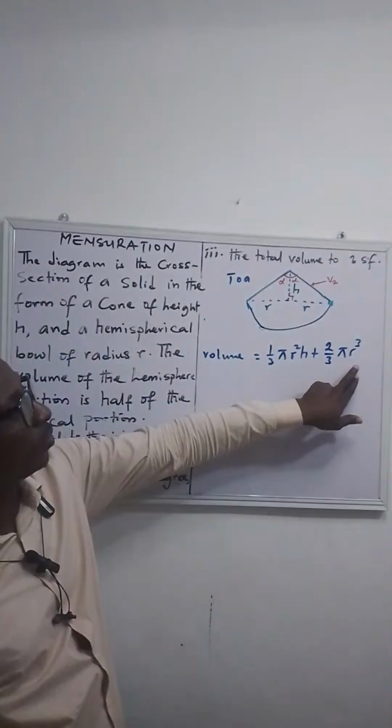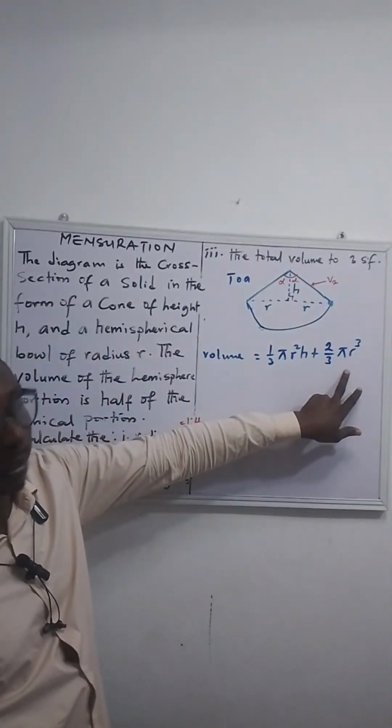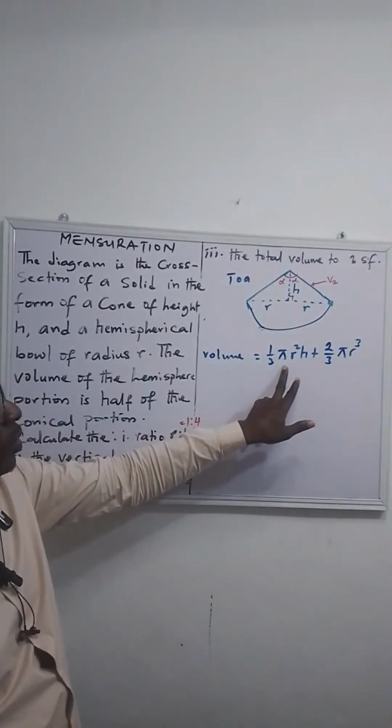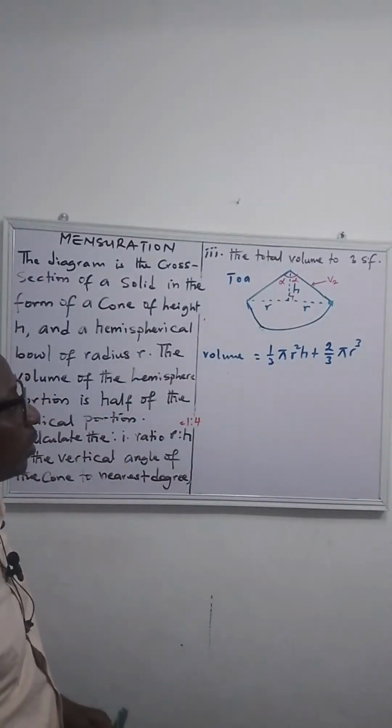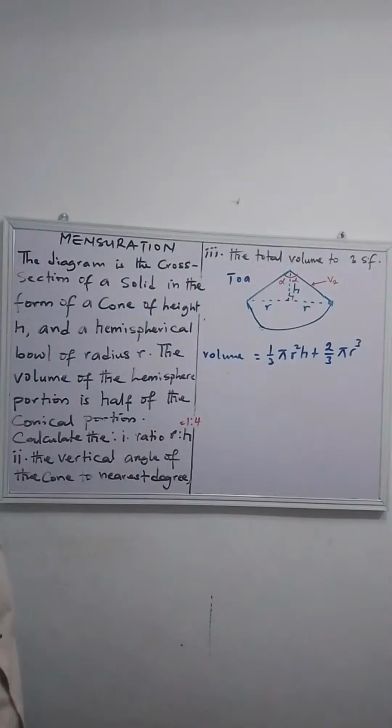This is the volume of the hemisphere, and this is the volume of the cone. So we're adding everything together. I want to believe we are all together.